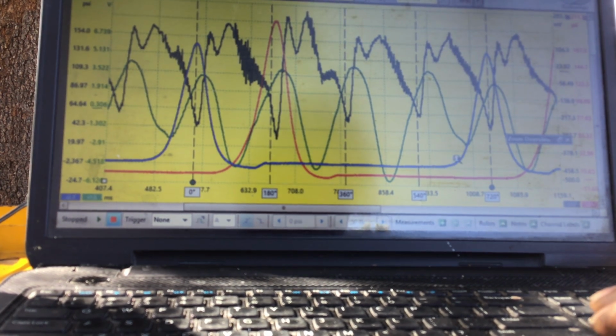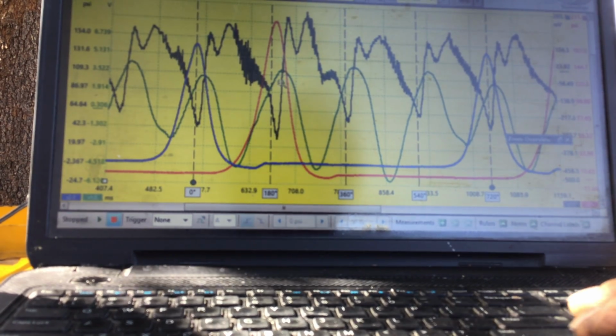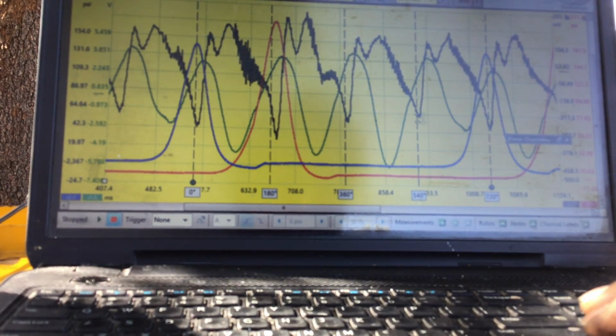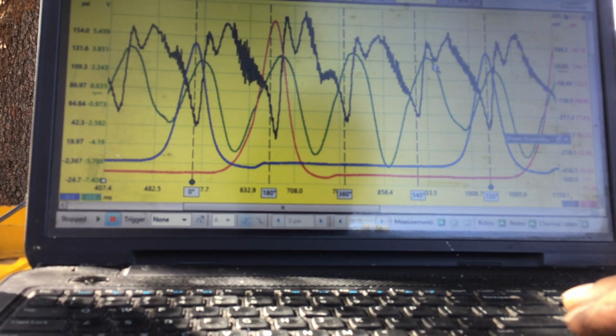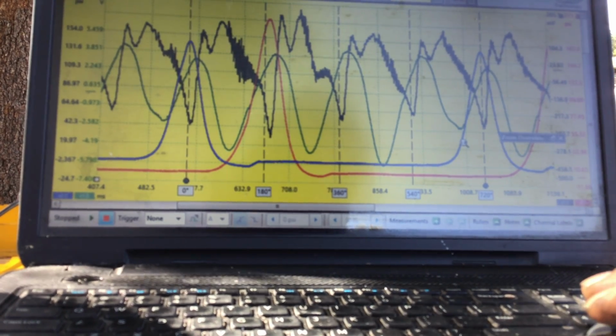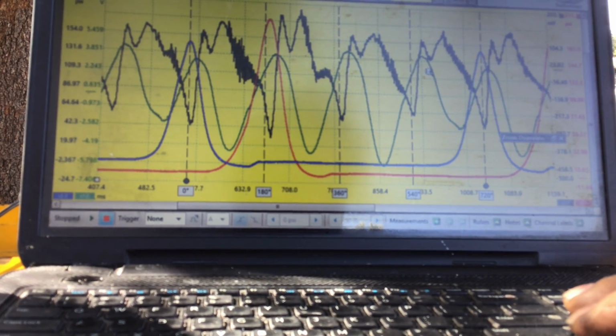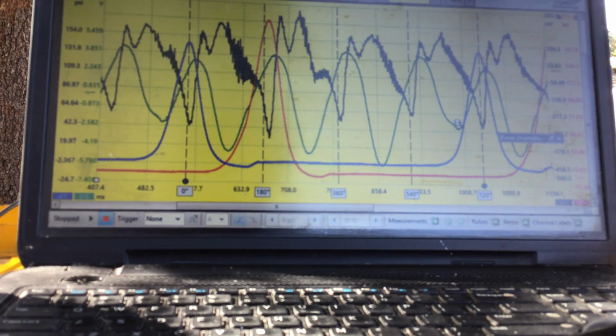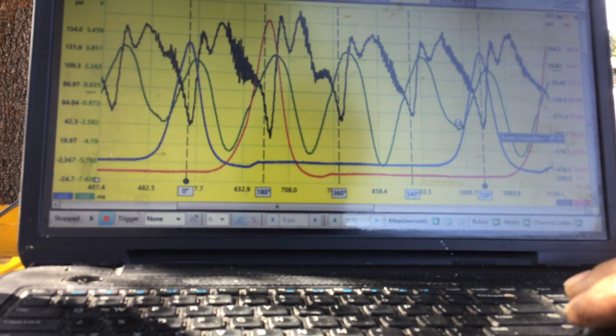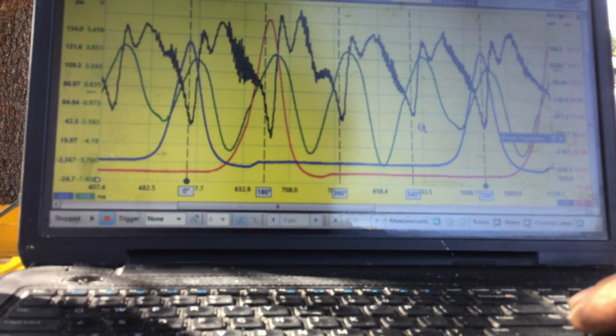So some of that pressure is going to blow past the open intake valve into the intake manifold. It's going to kind of rip off cylinder 3, which is on its intake pull, and create less of a pull. So that was why we see such an anomaly on green. And that is actually for cylinder 3. So sometimes the misadjusted cylinder can affect a vacuum pull on another cylinder.